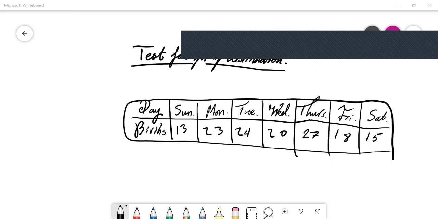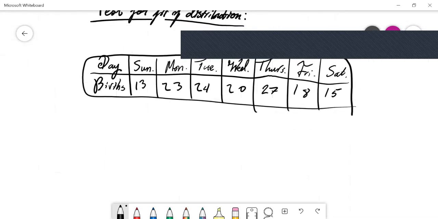And so that's the data, is essentially we have days, births, and what we're trying to see is, well, our alternative hypothesis is babies take the weekends off.